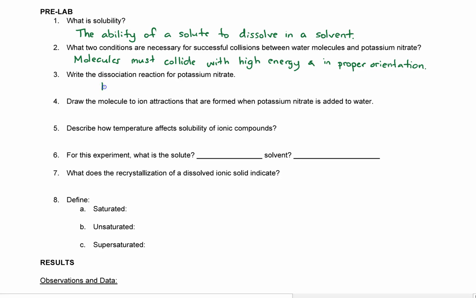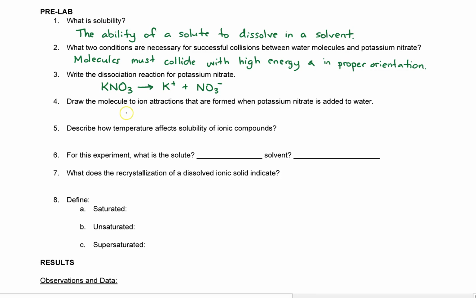We have potassium nitrate, KNO3. When put in water, it dissociates to potassium ion and the nitrate ion. Number 4, draw the molecule to ion attractions that are formed when potassium nitrate is added to water.